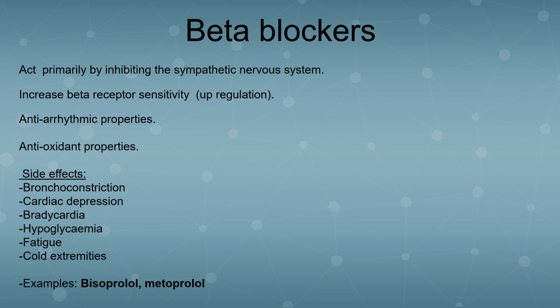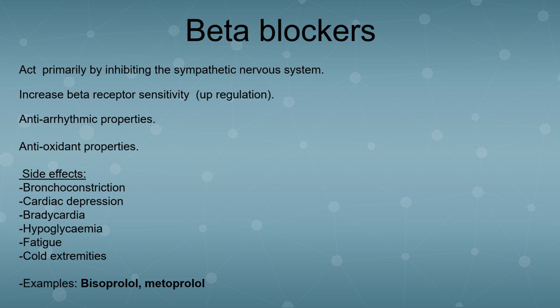They have antioxidant properties. So basically these drugs are useful in this condition of CHF. Side effects you very well know: it can be bronchoconstriction, cardiac depression, bradycardia, hypoglycemia, fatigue, and cold extremities. However, bronchoconstriction should not be a problem whenever you use a cardioselective beta blocker.